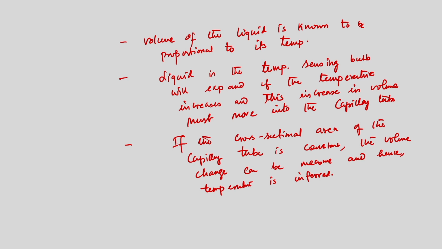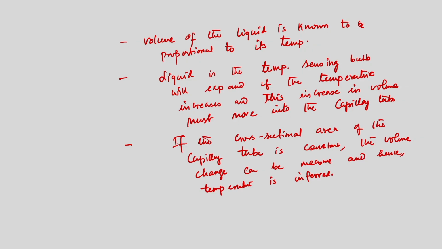The question, however, is that with temperature the stem will also expand, so the length of the temperature scale will also change. With an increase in temperature, the stem expands, and because of this expansion the scale length of the temperature scale will also change.